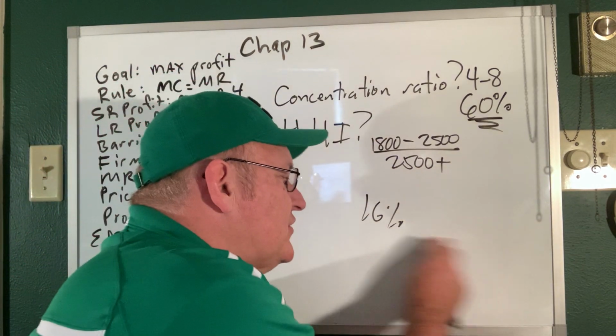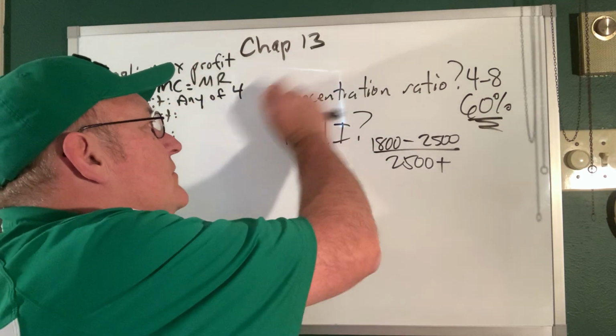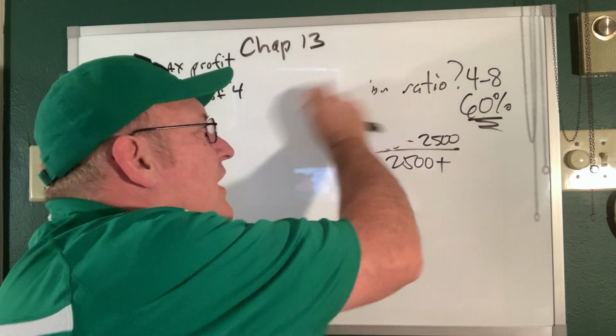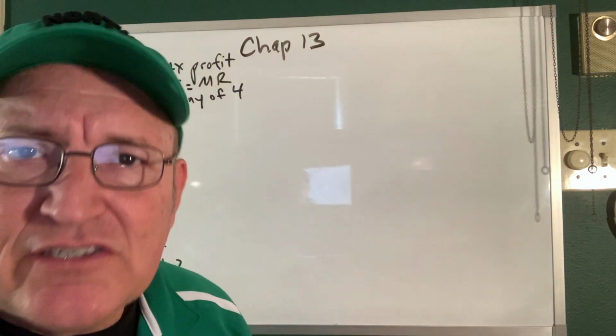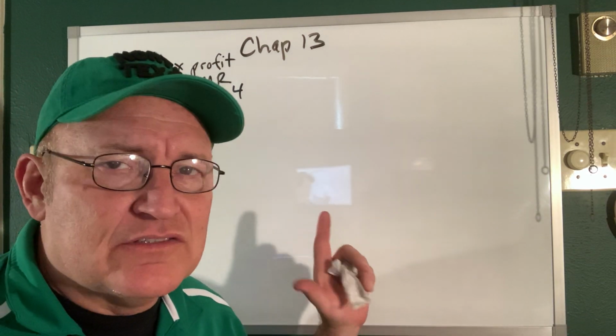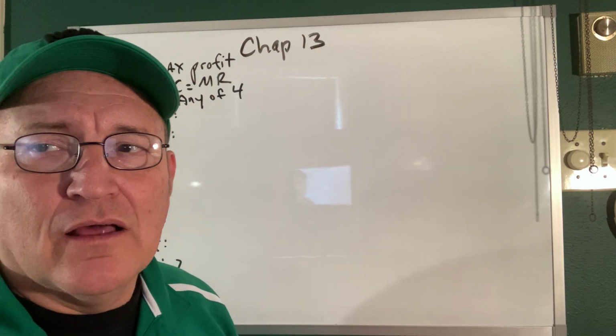So let's start out with monopolistically competitive market structure. Well, actually, we're talking about concentration ratio, so let's stick with oligopolies, okay? So we do the test. We have a concentration ratio that's over 60%. We have an HHI that's, say, over 2,500. So we definitely operate within an oligopoly.